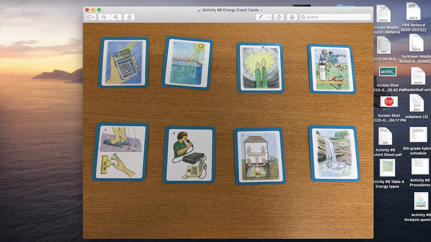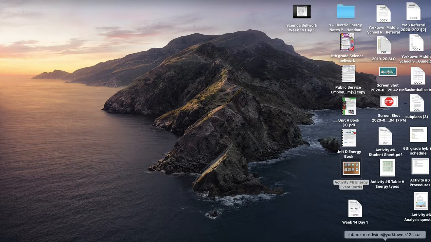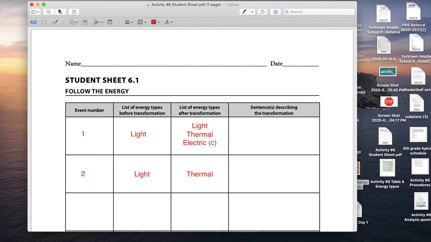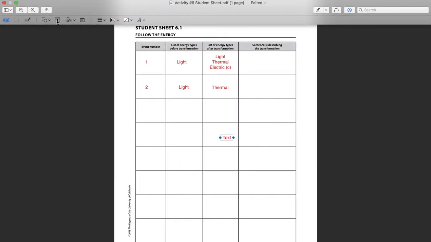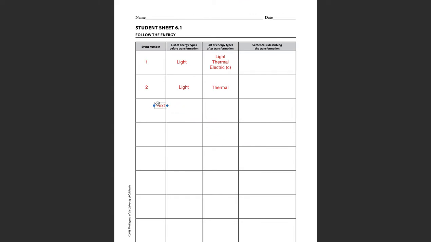Card number 3 are our candles. Remember, we're supposed to think of before the transformation. That would be before the candles have been lit. What type of energy do they have? This can be a little bit more difficult for some. So again, let's label that event card number 3.